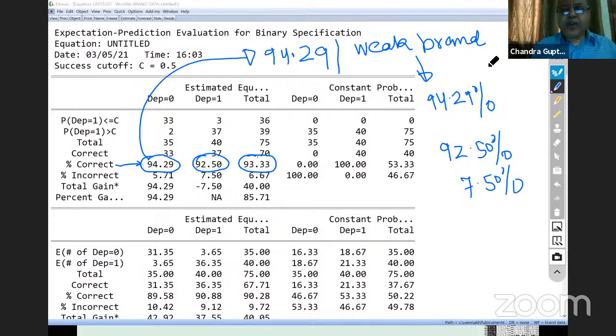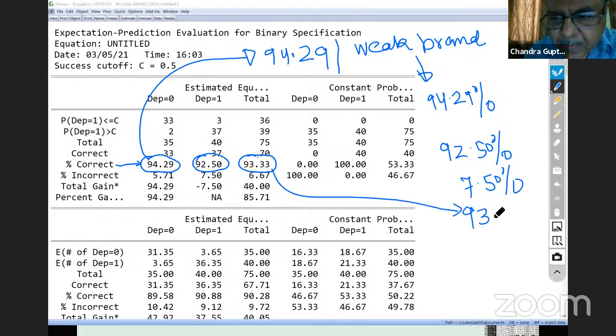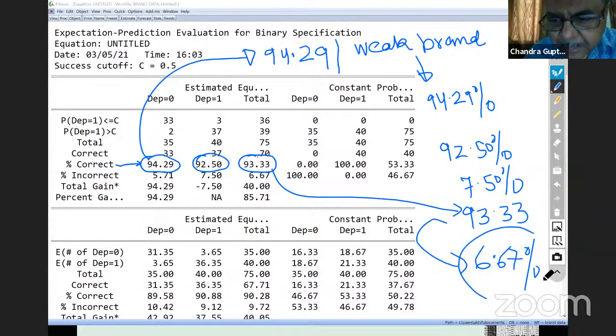And if I don't make a distinction between weak and strong, I take the overall classification, then my success rate is 93.33%, or 6.67% is my error. So it's not big, so that shows we have a very high success rate and our predictions are very good, so we need not worry about it.